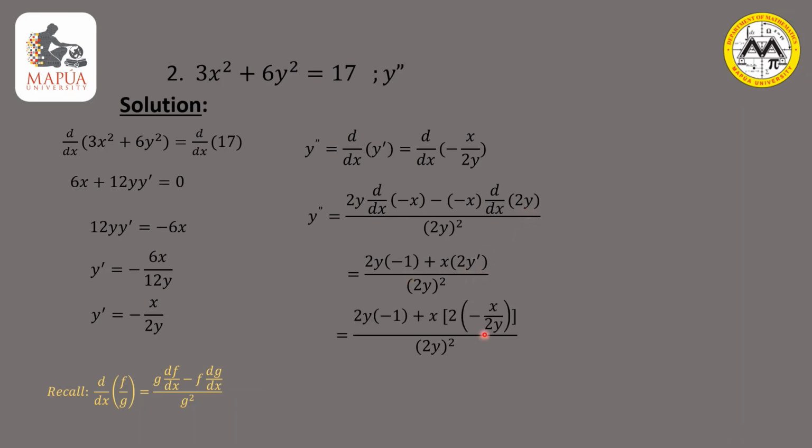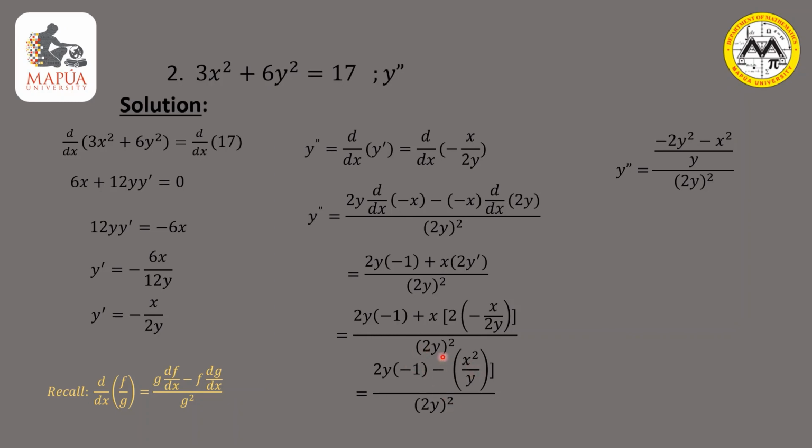But recall that y prime is equal to negative x divided by 2y, so that this complex fraction here will simplify now to this expression, having 2y times negative 1 minus x squared divided by y divided by the square of 2y. Okay, we further simplify.